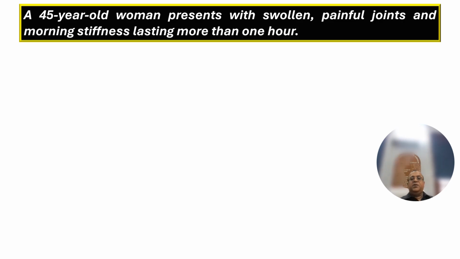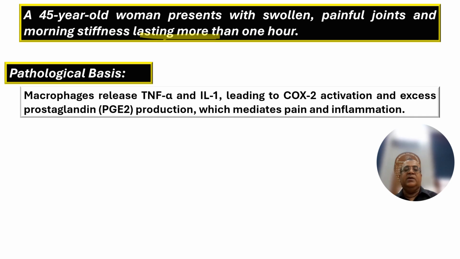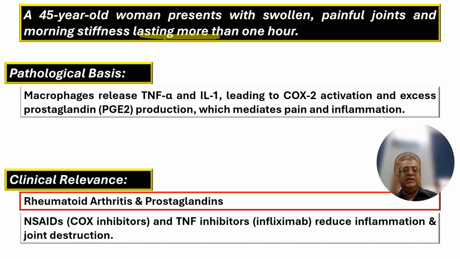A 45-year-old woman presents with swollen painful joints and morning stiffness that lasts more than 1 hour. The case is of rheumatoid arthritis and secretion of prostaglandin.